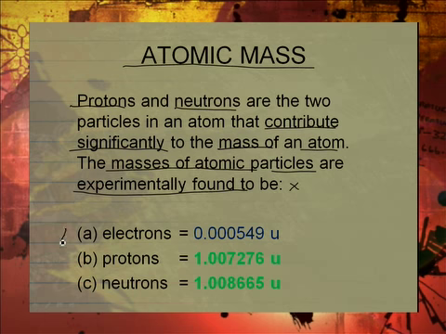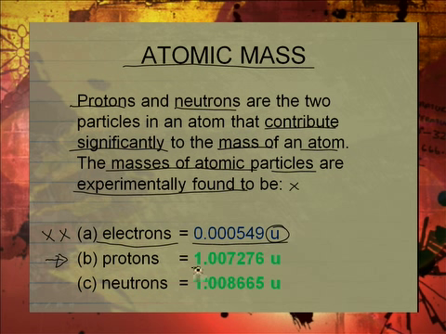If you check here, I want to bring your attention to this one. Electrons. One electron, experimentally, was found to be 0.000549 mass units. But when you check protons, look at the difference.